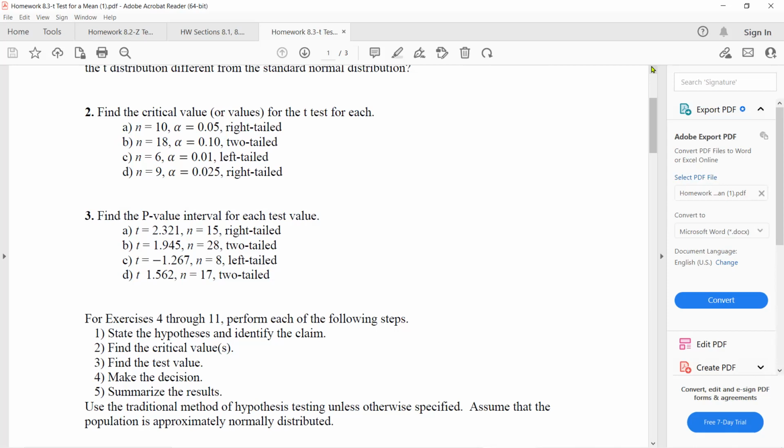How do I get the negative version of B? Okay, because the T's are symmetric, like the Z's, we just use the plus or minus. We're only putting in for the positive. If you wanted the negative version, you would just use alpha over 2, not 1 minus alpha. But the T distributions are symmetric.